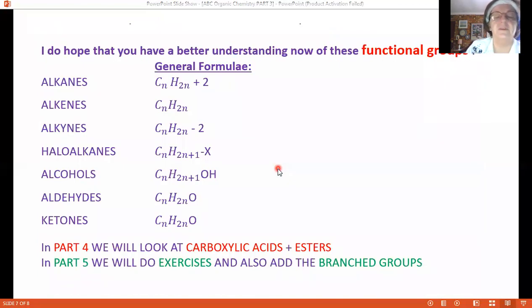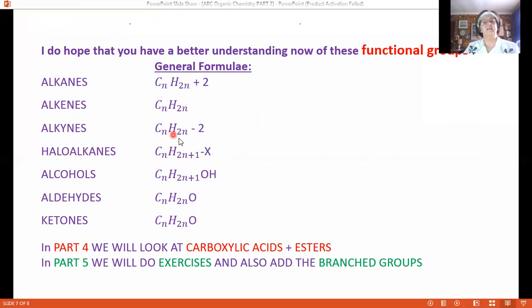I do hope that you now have a better understanding of these functional groups that we have done up to part 3. I made a summary here of the general formulae. If you can still recall, the alkanes are CnH2n+2. The alkenes are CnH2n.